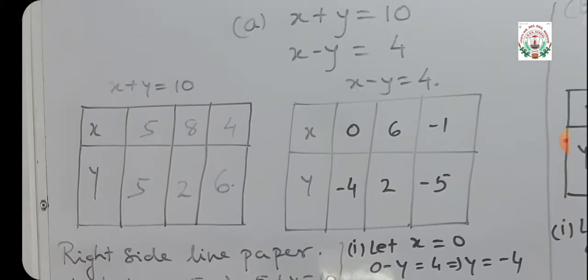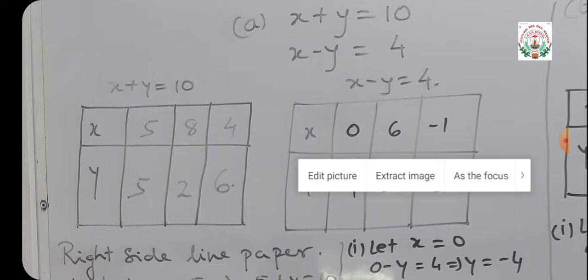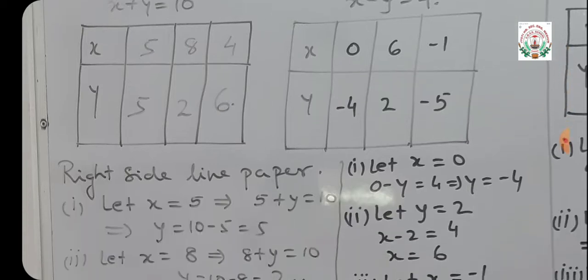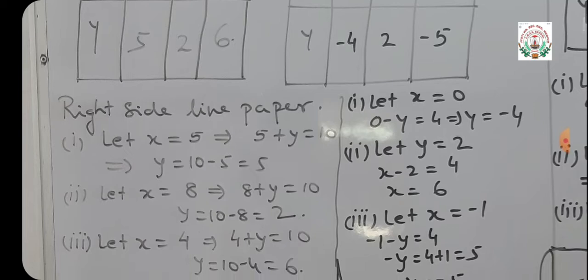So at least three solutions we have to calculate. We have to find them for both linear equations in two variables, and this must be done in the graph copy on the right side lined paper.